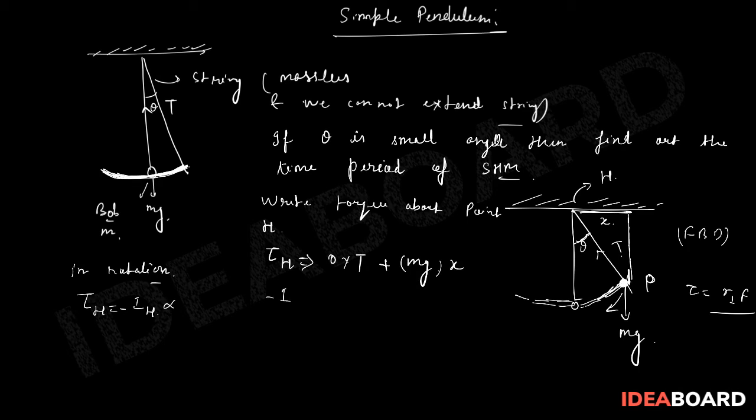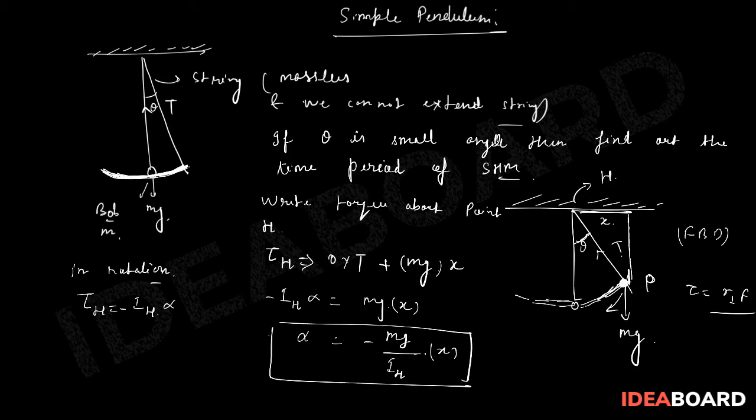So minus I_H into alpha is equal to mg into x. From here, alpha is equal to minus mg by I_H into x. Now we have to simplify.